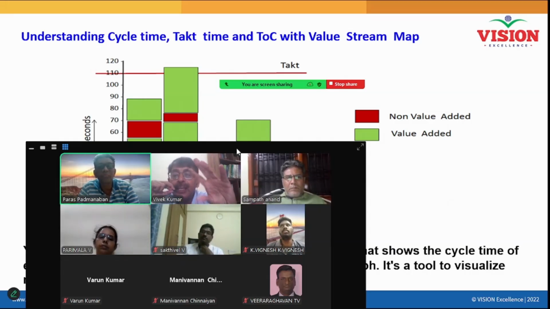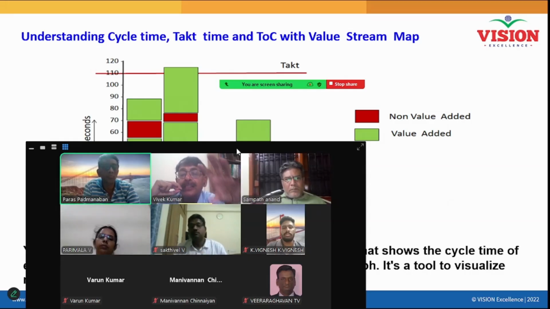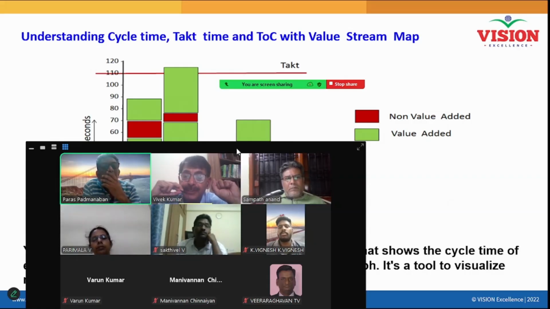But in a typical scenario, let us say when we start our lean implementation and process improvement projects in an MSME, and at this point in time the yield percentage is 98.5%. Let us take this case scenario, Parasji. The yield percentage is 98.5%. That means 1.5% pieces are defective.